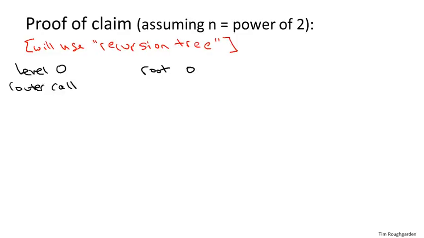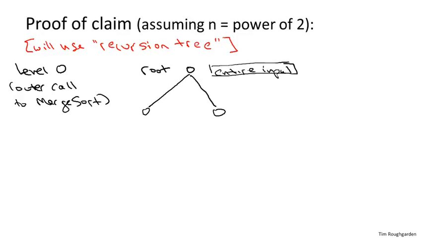Now this tree is going to be binary in recognition of the fact that each invocation of merge sort makes 2 recursive calls. So the 2 children will correspond to the 2 recursive calls of merge sort. So at the root we operate on the entire input array. So let me draw a big array indicating that. And at level 1 we have one subproblem for the left half and another subproblem for the right half of the input array. And I'll call these first 2 recursive calls level 1.